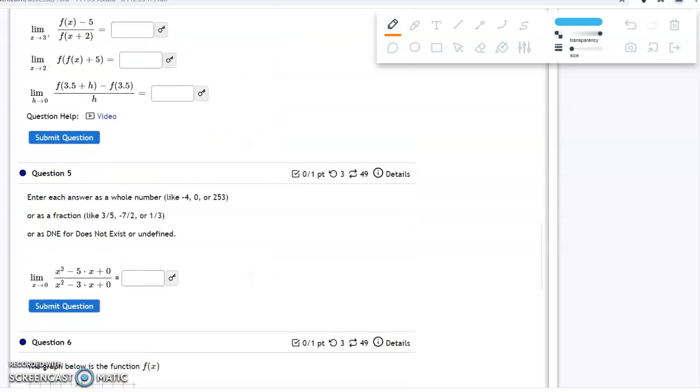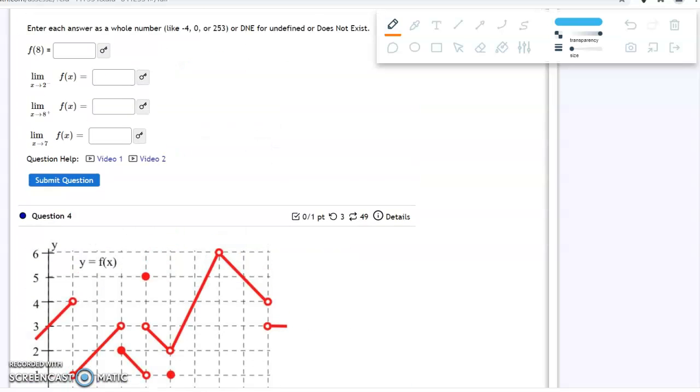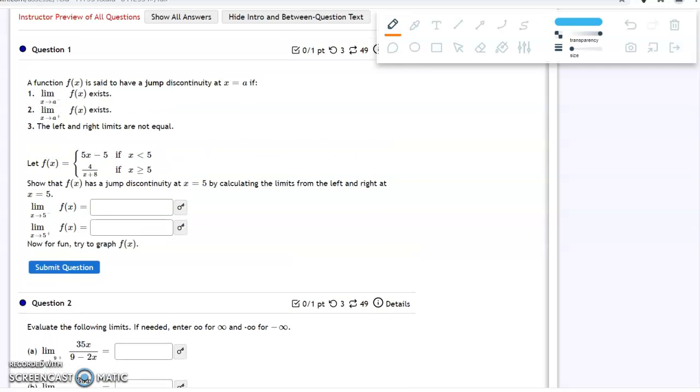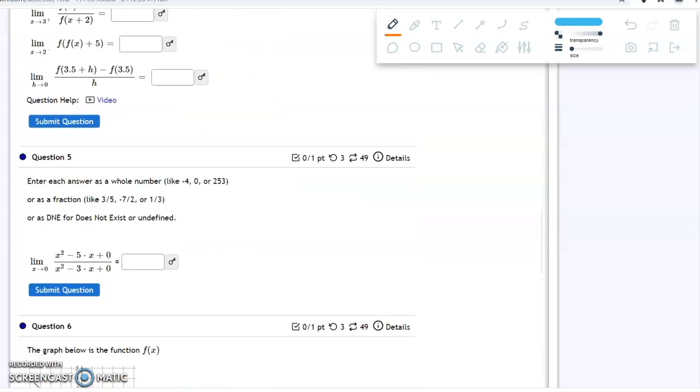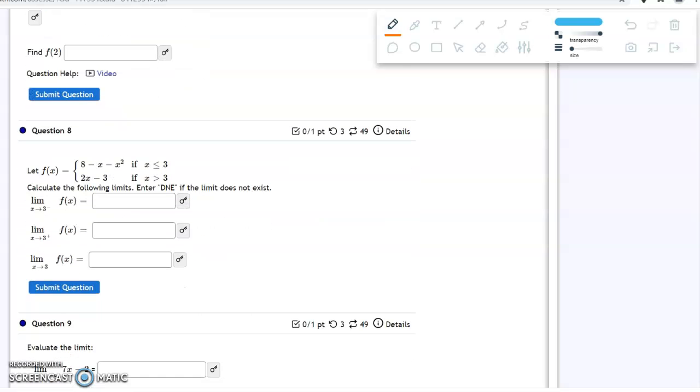And then number 6 is going to be similar to what we did on this one right here. Number 8 also.